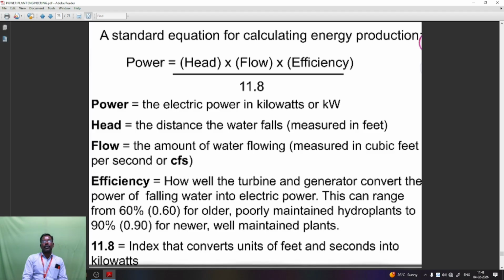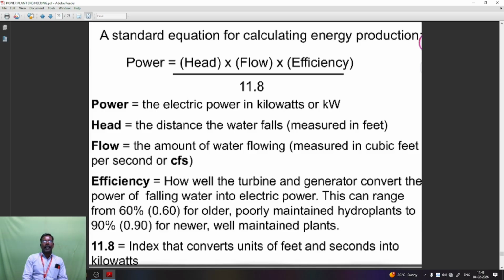A standard equation for calculating energy production: power equals head times flow times efficiency divided by 11.8. Power, the electric power in kilowatts. Head, the distance the water falls measured in feet. Flow, the amount of water flowing measured in cubic feet per second. Efficiency, how well the turbine and generator convert the power of falling water into electric power.